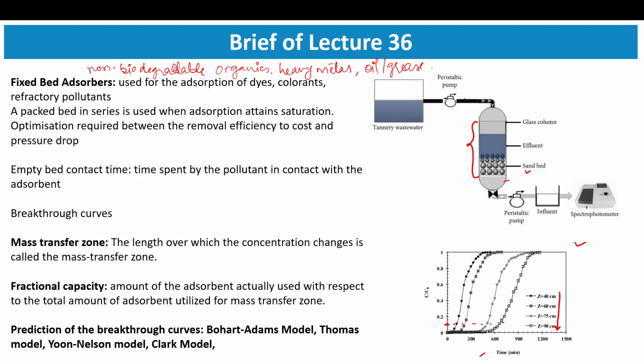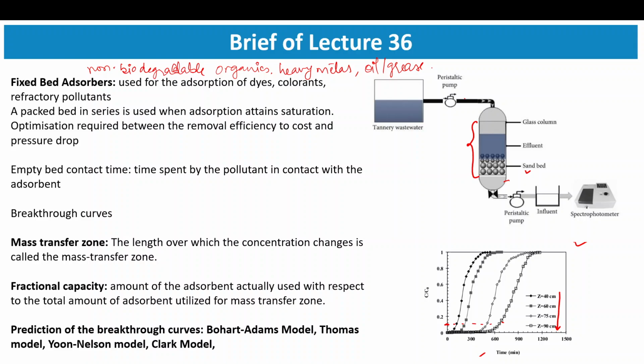So we have been talking about what the adsorption process is, how we select an adsorbent, what the mechanism of adsorption is, and what factors affect the selection of an adsorbent. We have discussed all of this till the last class. Now we will talk about how we use the adsorption process in industries.